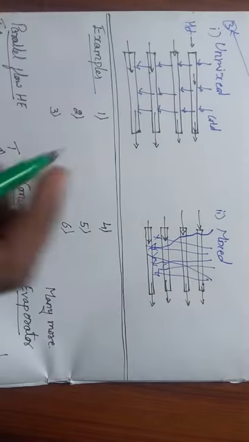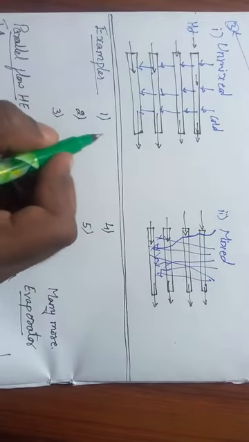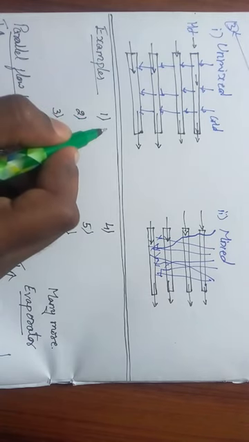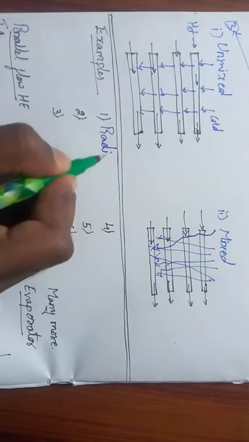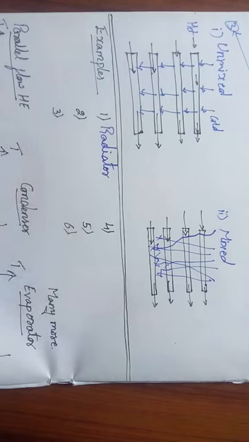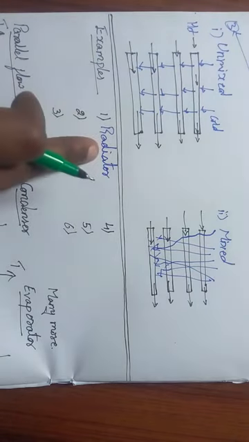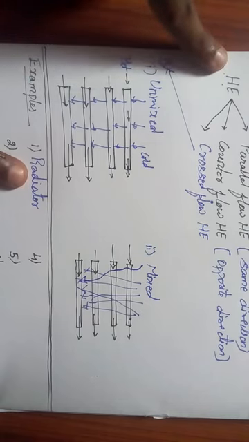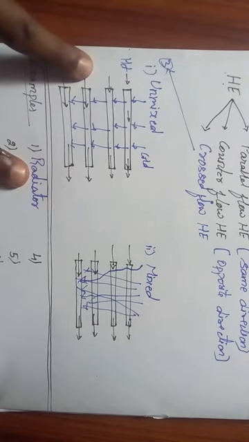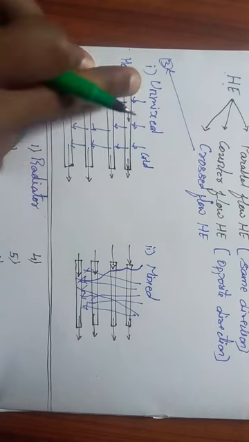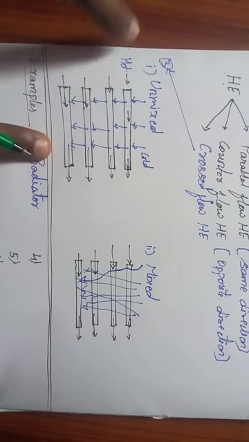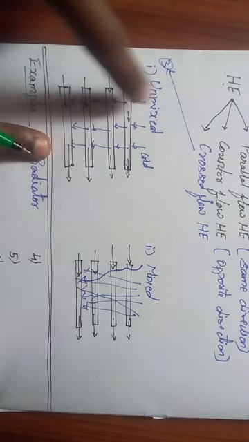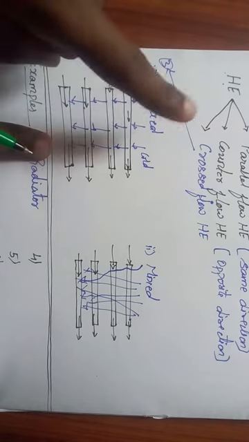First, we can list under the automobile field the radiator. The radiator part, which is used to cool the engine, is an example of a heat exchanger, and it belongs to this particular kind, unmixed, where we have a number of tubes through which hot water will be flowing, and a number of fins through which air is flowing.